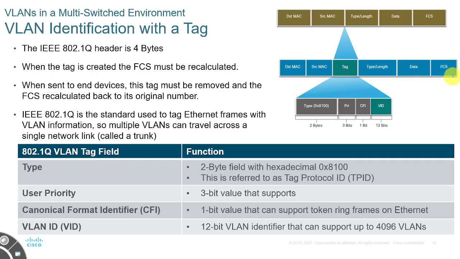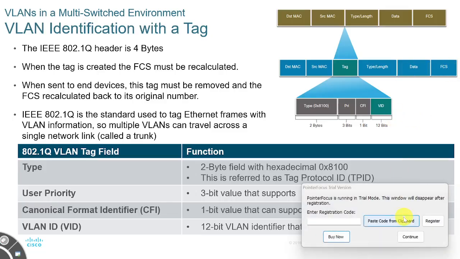So we only use this modified FCS or this tag throughout the trunk communication. When the message is received at the end device, we remove this modification, the FCS modification.